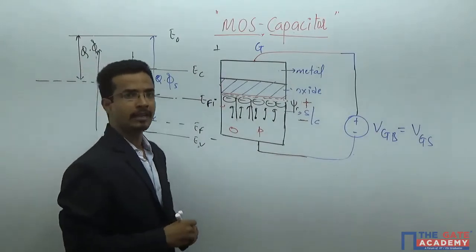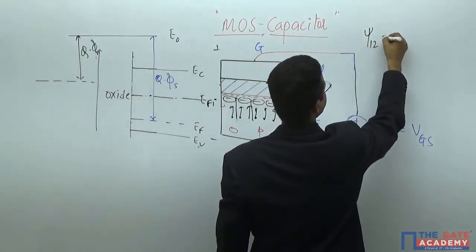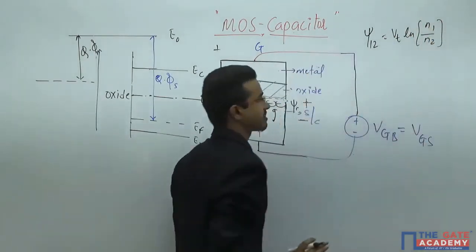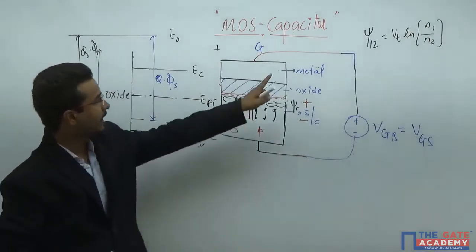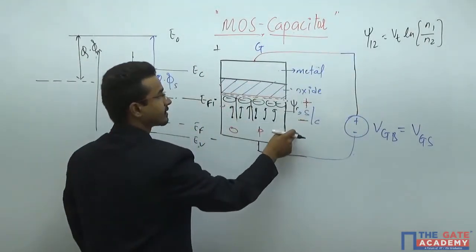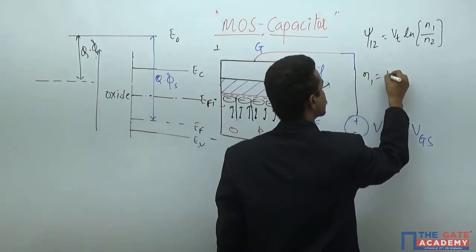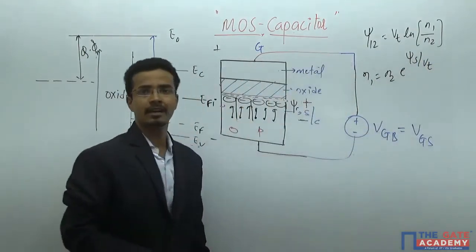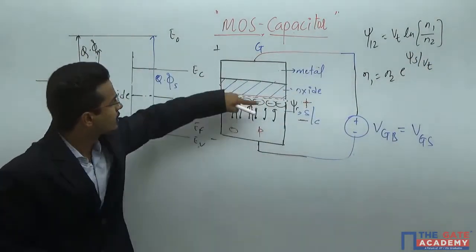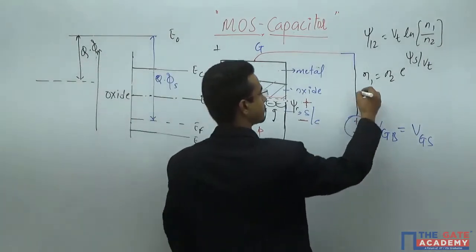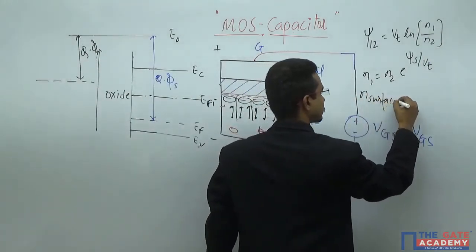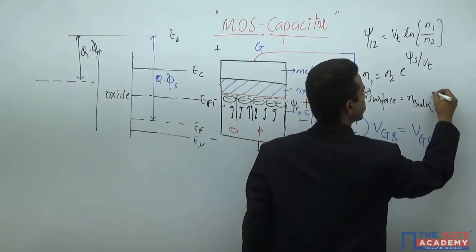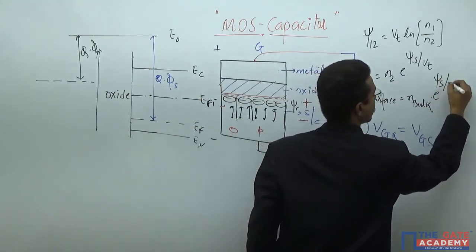Now, one thing we have studied: psi 1 2 equals Vt ln n1 by n2, where psi 1 2 is the surface potential psi s. So we can say n1 equals n2 e raised to psi s upon Vt, where Vt is the thermal equivalent voltage, where n1 is n surface and n2 is n bulk, and this becomes e raised to psi s by Vt.